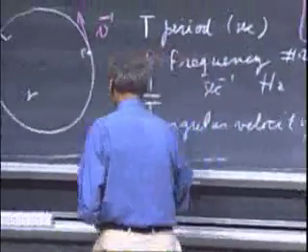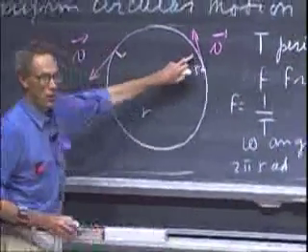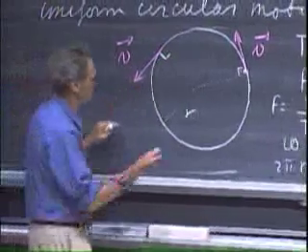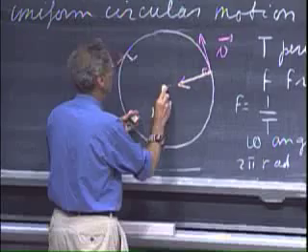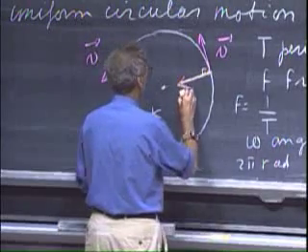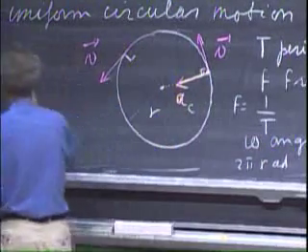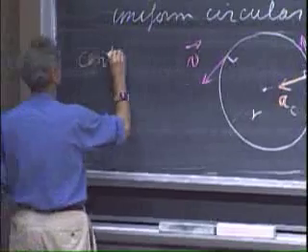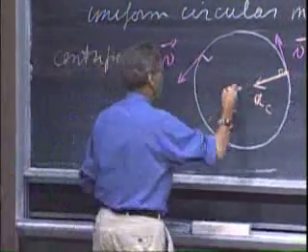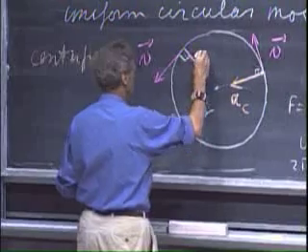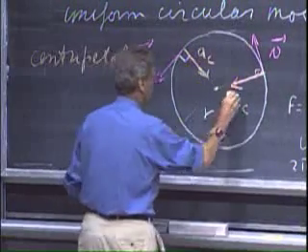This acceleration that is necessary to make the change in the velocity vector is always pointing towards the center of the circle. We call it centripetal acceleration. Centripetal, pointing towards the center, and here it's also pointing towards the center.